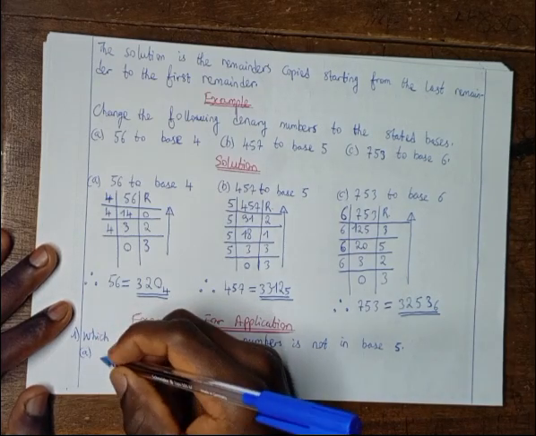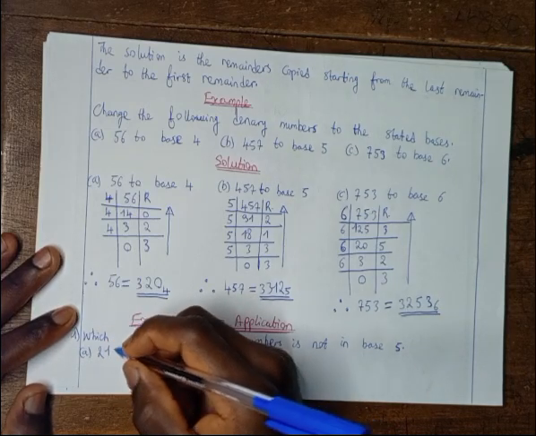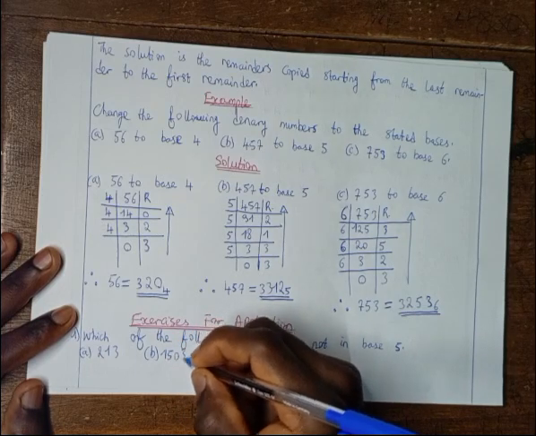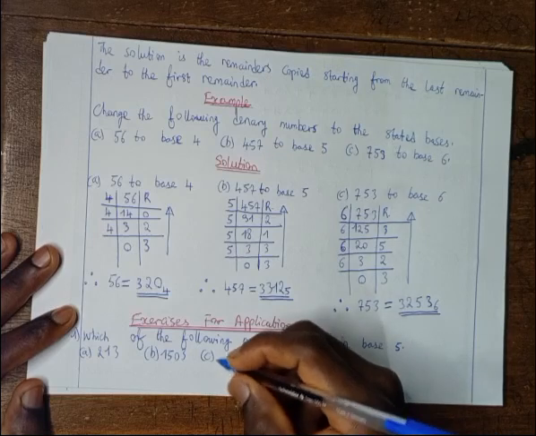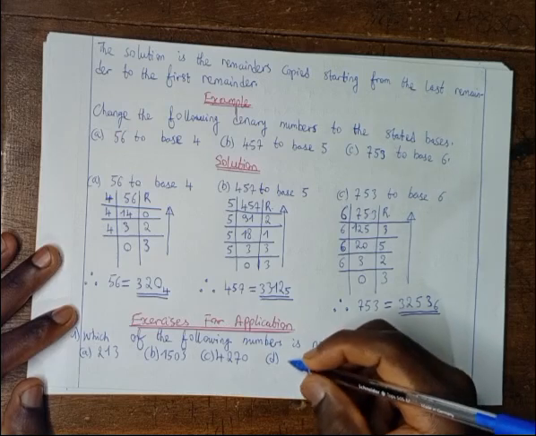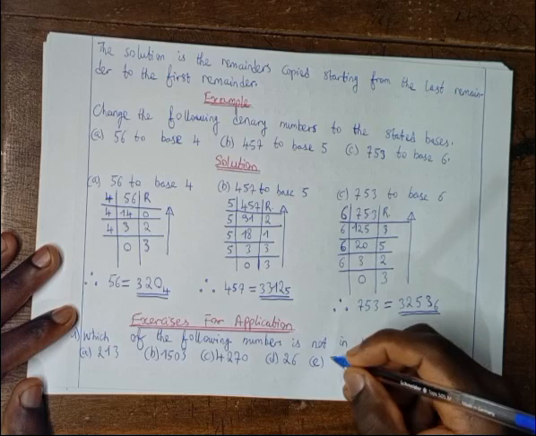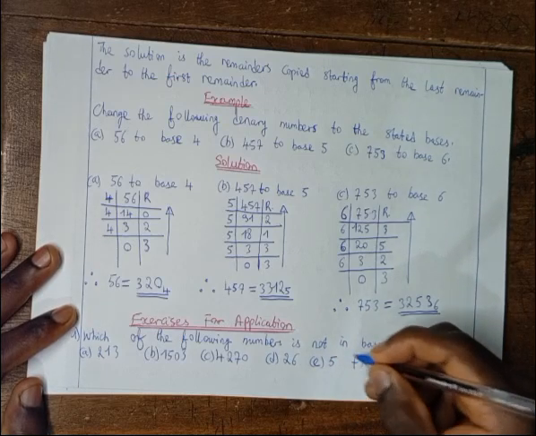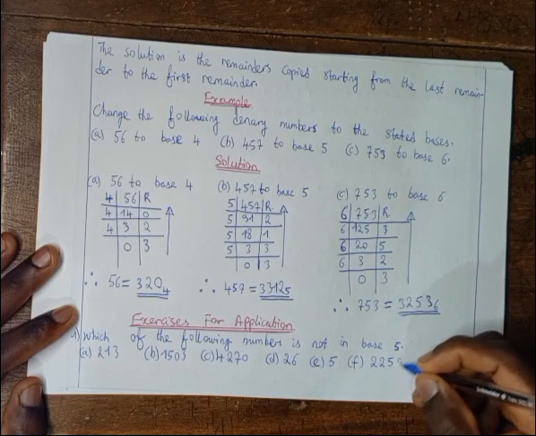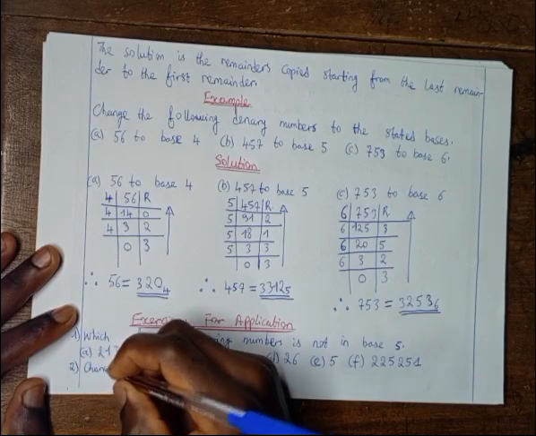For A, we have the number 213. For B, we have the number 1503. For C, we have the number 4270. For D, we have the number 26. E, we have the number 5. And for F, we have the number 225251.